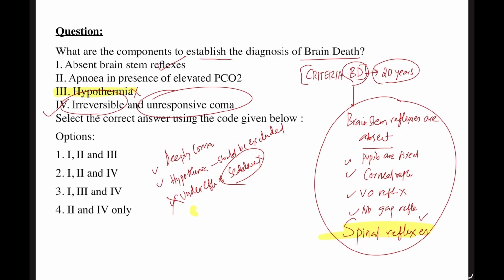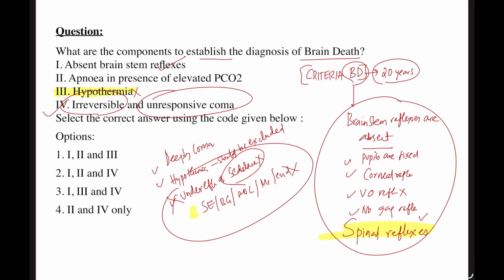And also you have to check for serum electrolytes, blood glucose levels, and acid base imbalances, or metabolic or endocrine causes should be excluded, because they are reversible. Whereas brain death is irreversible, it is unresponsive coma, no problem with temperature, no problem with any of the metabolic panel. Then only you will diagnose it.